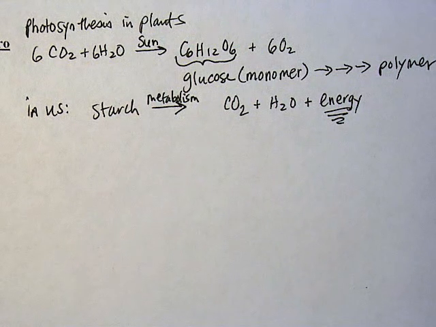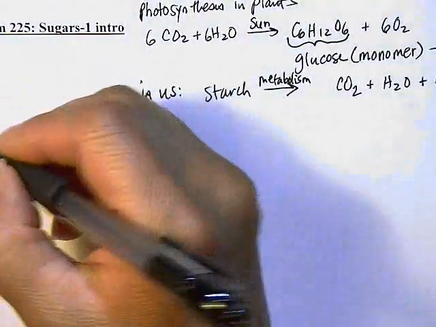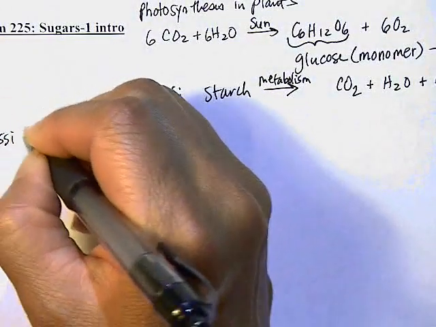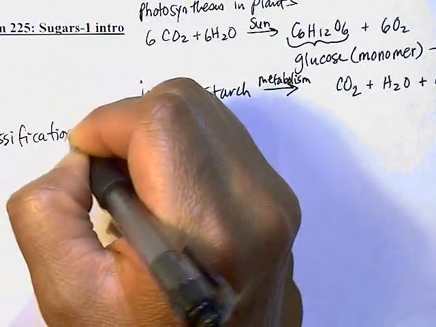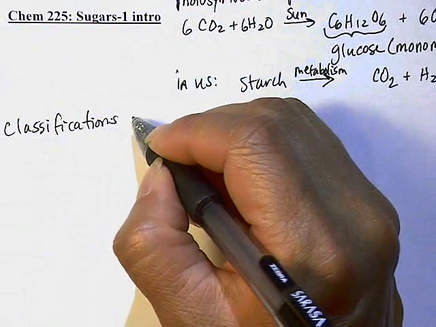So what makes these carbohydrates different from each other if all these things are classified as carbohydrates? Okay, so the biggest difference between all the carbohydrates is the size. So we're going to look at some classifications of carbohydrates based on size.